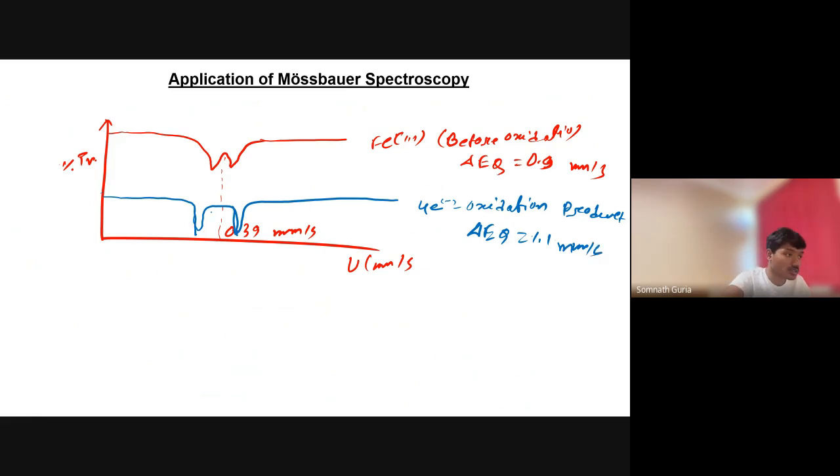Second, and delta value is something around over here, which is 0.25 millimeter per second.